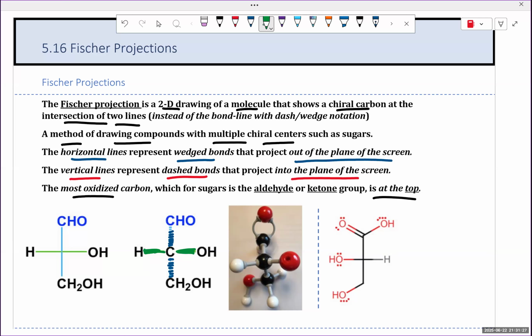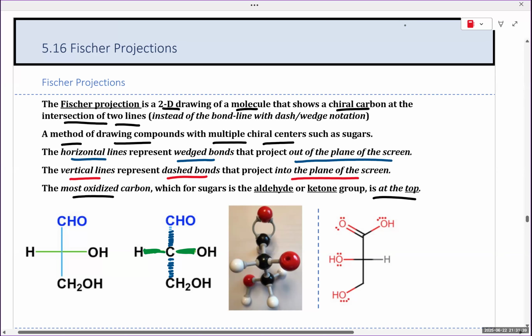As you can see in the model, the horizontal substituents are pointing towards us, while the vertical substituents are pointing away from us into the page. So for example, if we took the following structure and converted it to dash wedge notation, the alcohol and the hydrogen would be wedged. The horizontal substituents are wedged, while the vertical substituents are dashed.